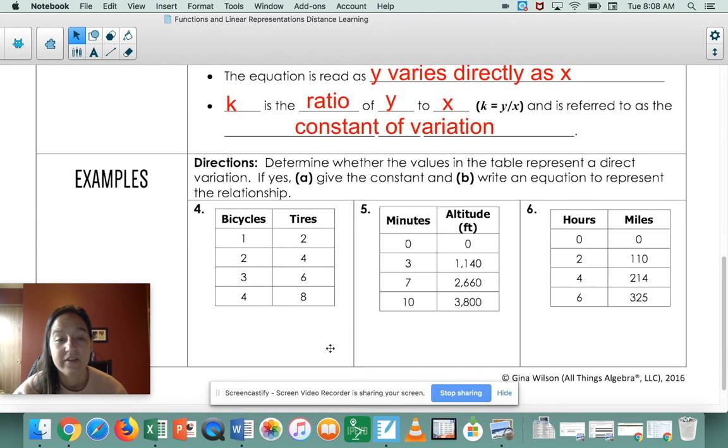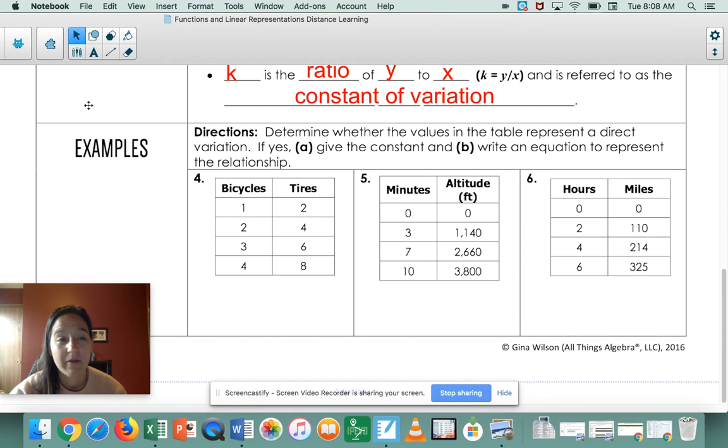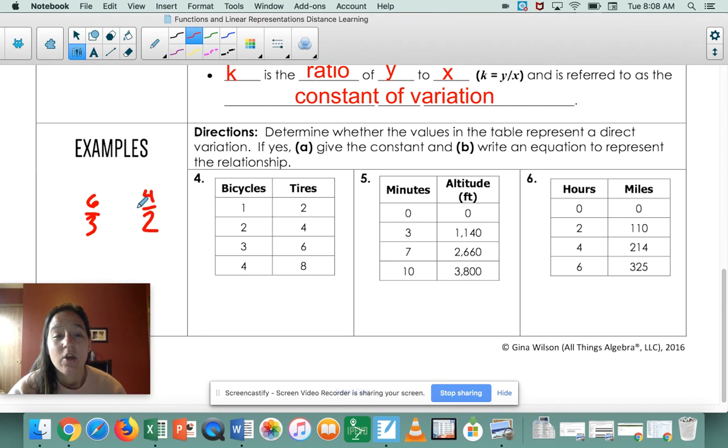Okay, so if I were to do number 4, I would put 4 over 2, and then 6 over 3, and I would say 4 divided by 2 is 2. 6 divided by 3 is 2. So, hey, this one varies directly.